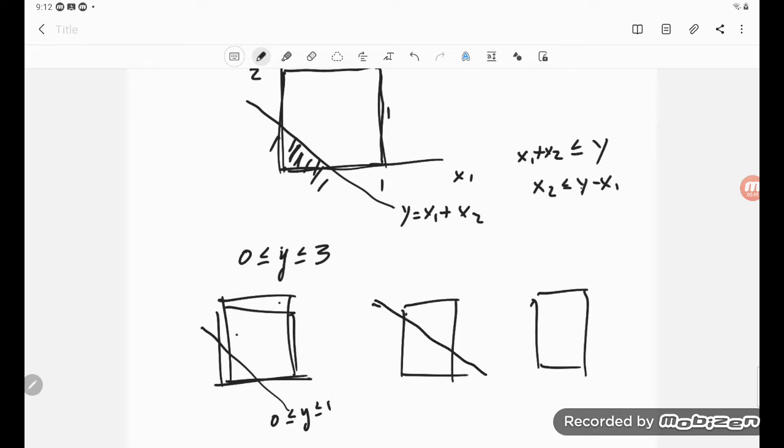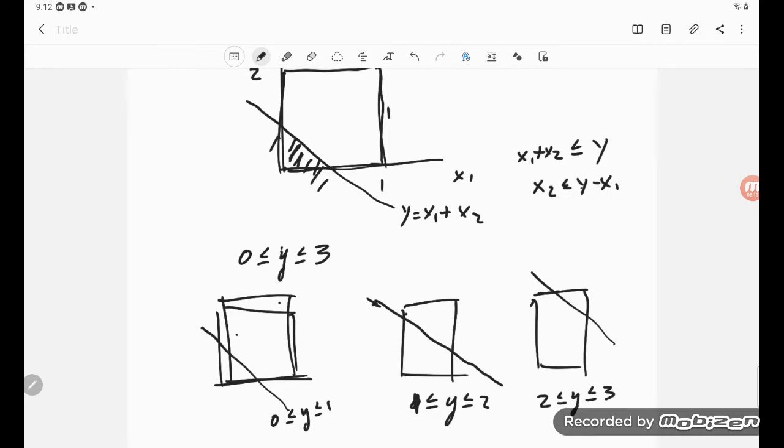If we are in something that looks like this, where it crosses both sides, we have 1 less than or equal to y, less than or equal to 2. And then if we're up here, where it crosses the top and the right side, this is when 2 is less than or equal to y is less than or equal to 3.